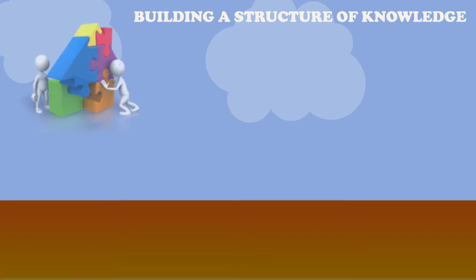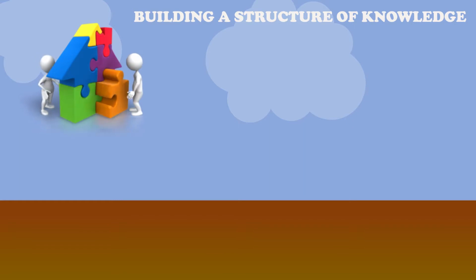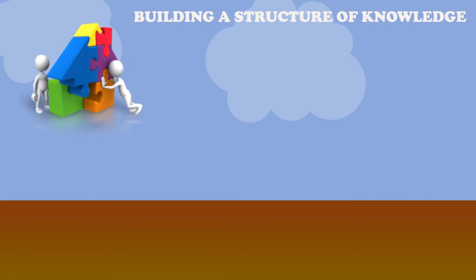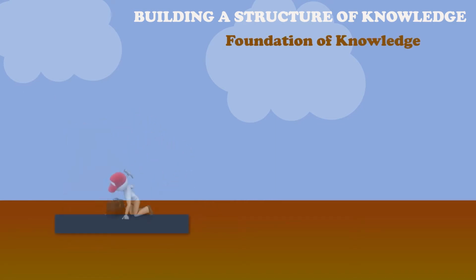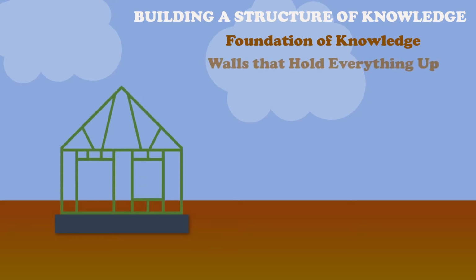Back in the day, I was once a building contractor, and I still tend to think about projects, such as building a structure for learning chemistry, as if I was building a strong house. We start by digging deep into the ground and putting in a robust foundation with a floor that can hold everything up. Once the foundation is in place, we construct the load-bearing walls that keep the house upright and stout.